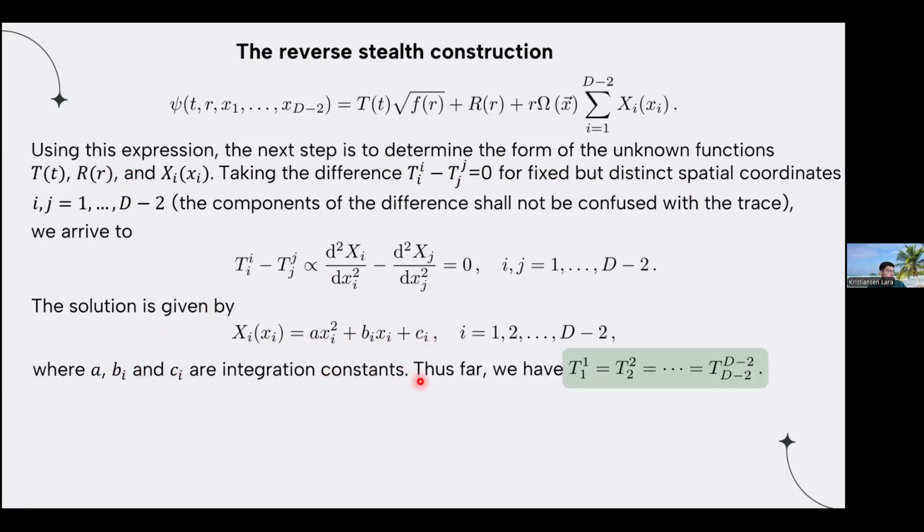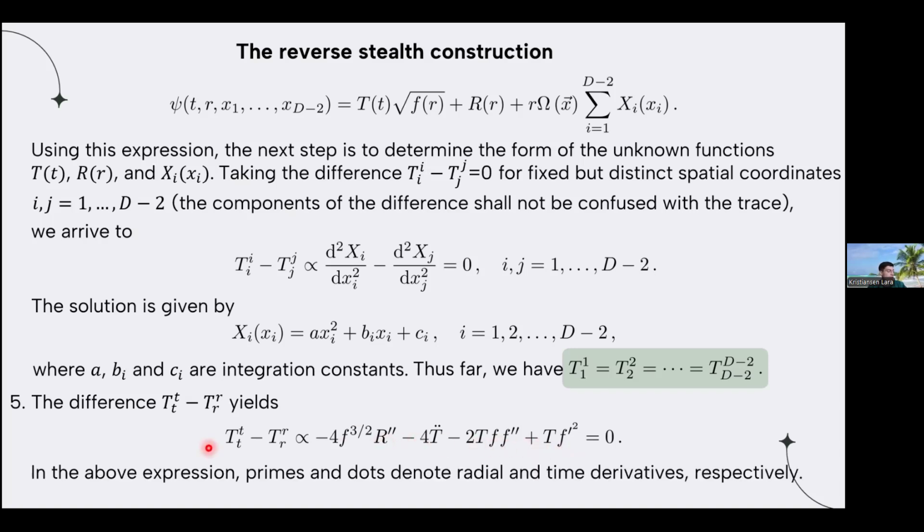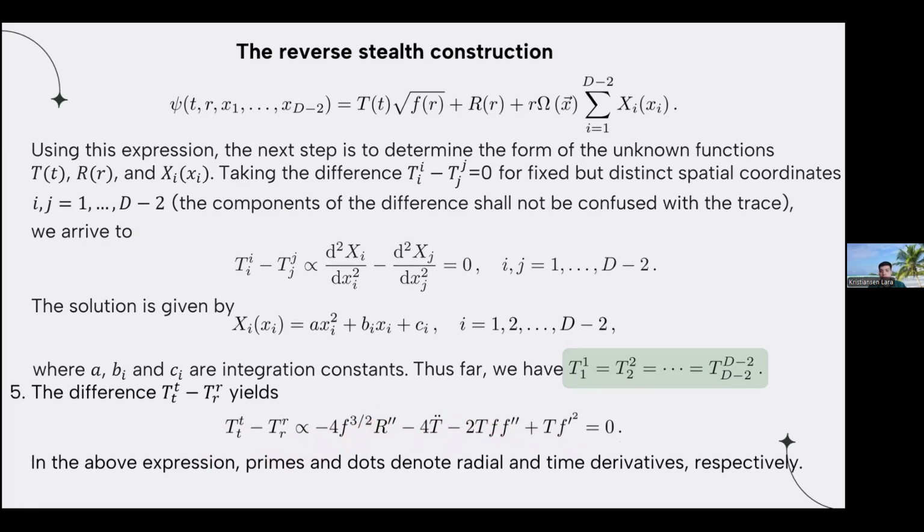So at the moment, we have that all the energy momentum tensor is diagonal, and also its transverse components are equal. Regarding the difference between the temporal one and the radial one, we arrive at this differential equation where primes stand for radial and dots for temporal derivatives respectively.